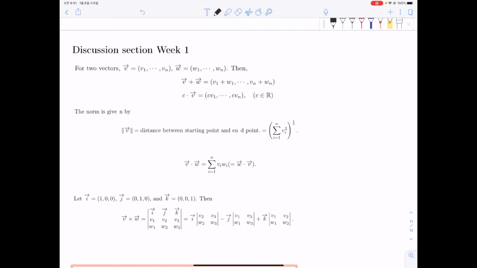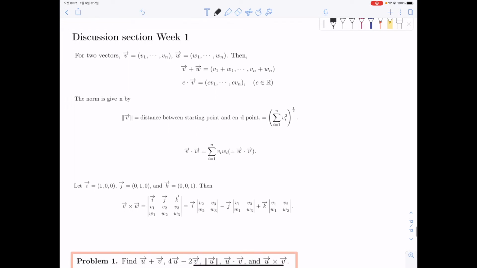Okay, in this current section, we will review the concepts in the main lecture and we will solve some relevant problems. So, in this week, we learned Rn and we know how to add and subtract vectors.